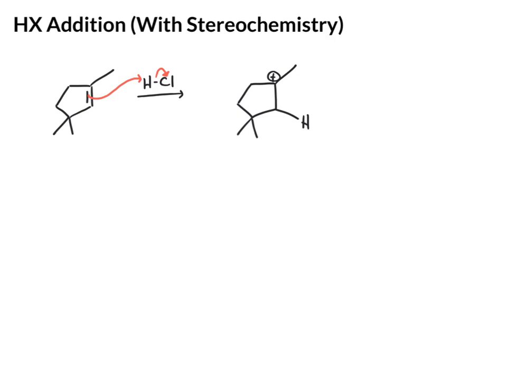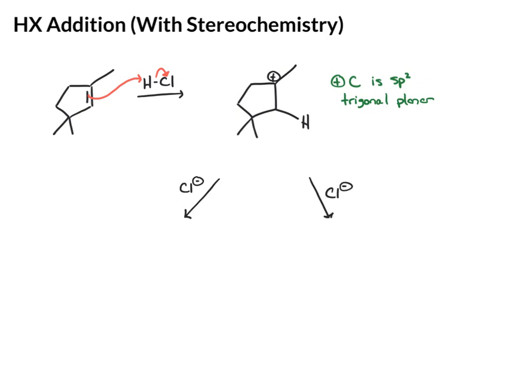Now what we have is this reactive site, the carbocation, which is sp2, and it's trigonal planar. Because it's planar, it has two equal sides. We have the front side and, of course, the back side. So when we go to add the Cl- nucleophile, it can add from either side.